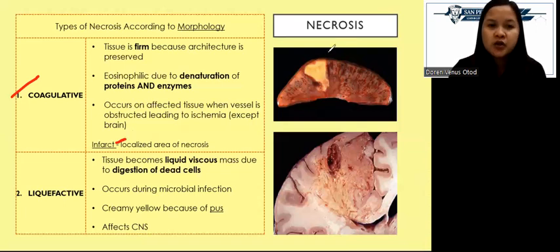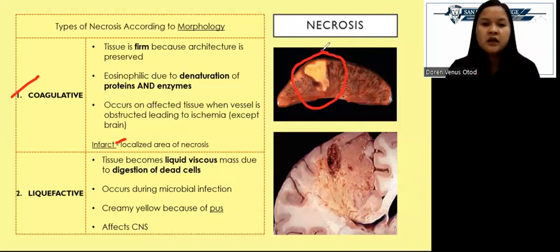So just like in the picture, we have here a part of the kidney. That is the yellowish part of the kidney that undergoes coagulative necrosis. The second one is liquefactive. So in this one the tissue becomes liquid and viscous due to digestion of dead cells.